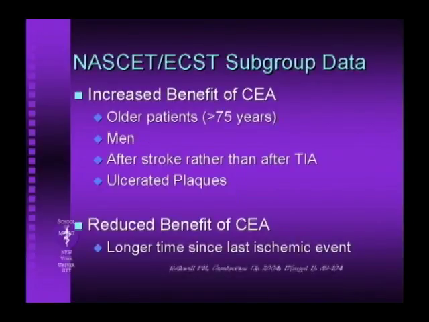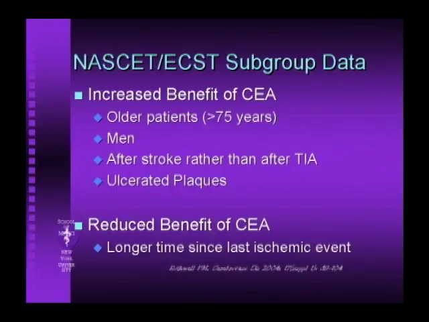This I put in here because I think it maybe should change how we think about some of this, because there's been some recent work, and the references are there at the bottom, trying to look at what are called the subgroup data, i.e. take the whole NASCET and ECST patient population and subdivide them into different segments and see if there are some groups that do better than others. And interestingly, there was a benefit to endarterectomy in older patients, kind of makes sense.